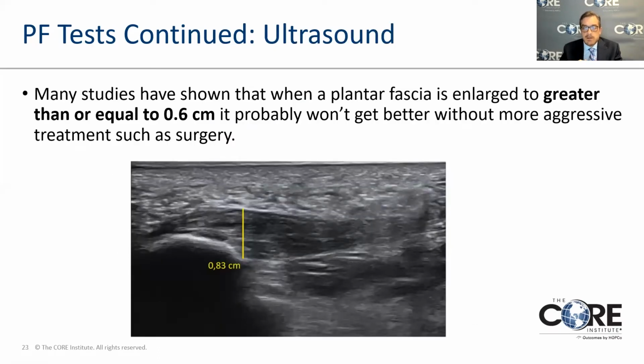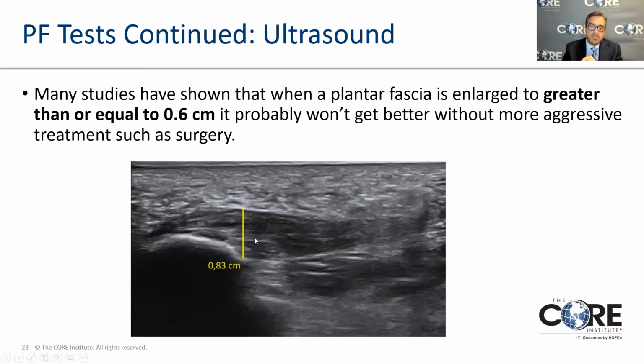This is an ultrasound. So basically what we're looking at, this black area right here is the heel bone. We're looking at the foot upside down. This is the fat cushion, and this band of tissue, this wavy-like tissue, is the plantar fascia. And we can see that the plantar fascia here is fairly narrow, and on the other side, it's fairly narrow.